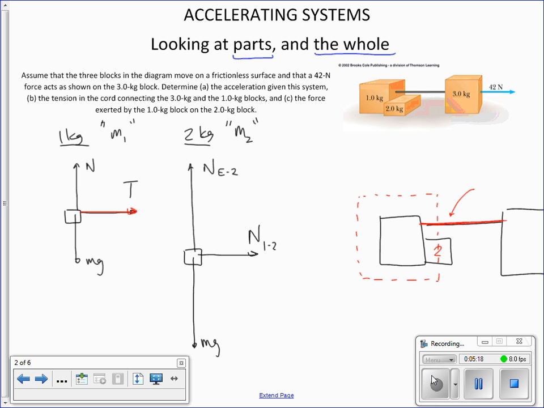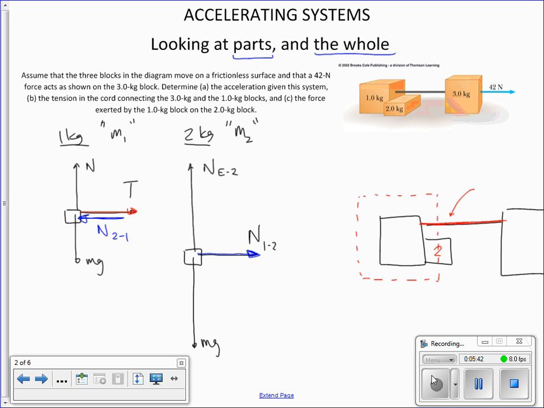Now, a lot of you will notice we have this normal force that 1 exerts on 2. That means that by definition, there has to be a normal force that 2 exerts on 1. And furthermore, it has to be in the opposite direction.